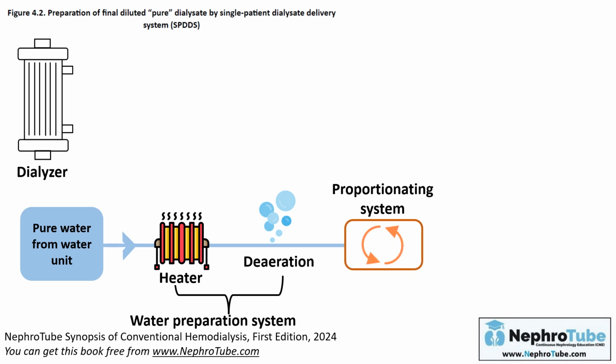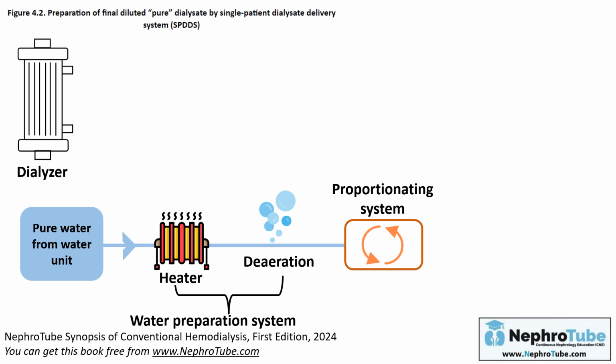After this water preparation system, the water will go through the second component of dialysate formation, which is the proportionating system. In the proportionating system, the machine is responsible for producing the final mixed pure dialysate.